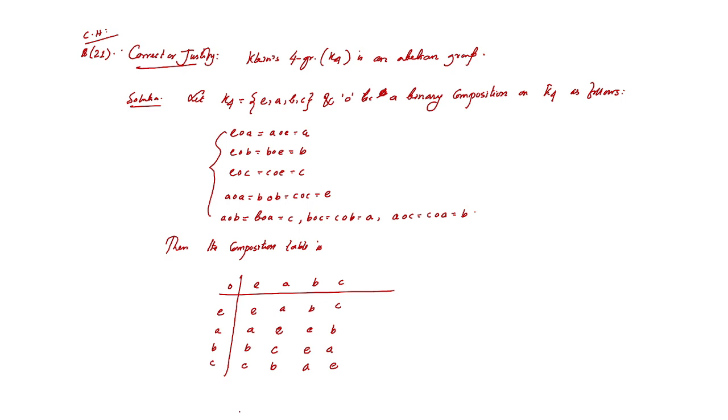So it appears from the table that G is closed under ∘. Here we see in the composition table all the elements belong to e, a, b, c.